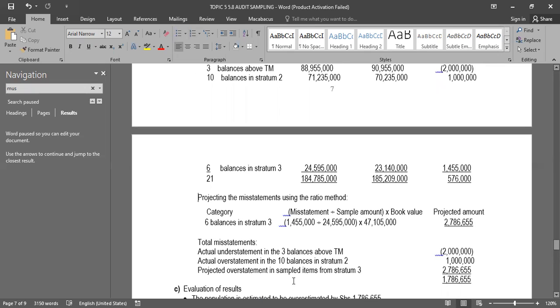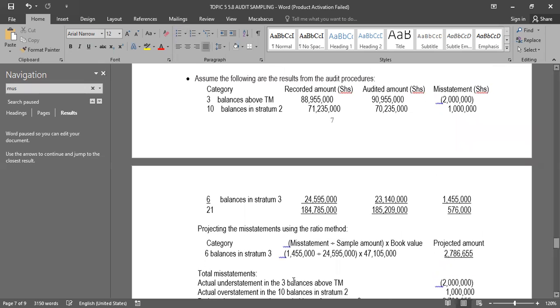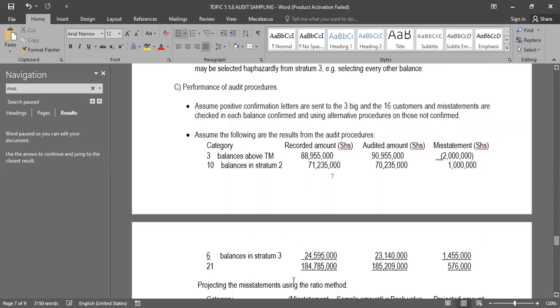Because projected misstatement, when you go up a bit, the audited amount, because I know where we got the recorded amount, but the audited amount.